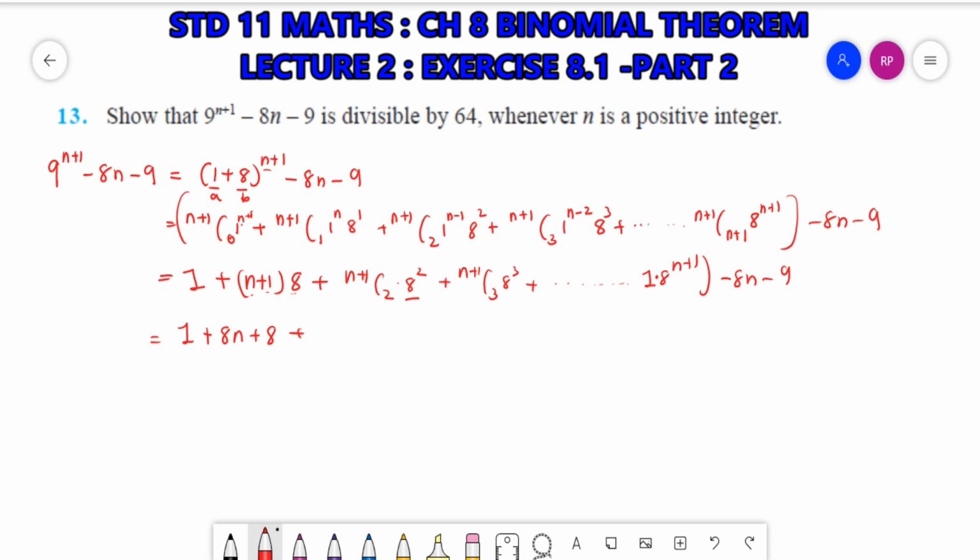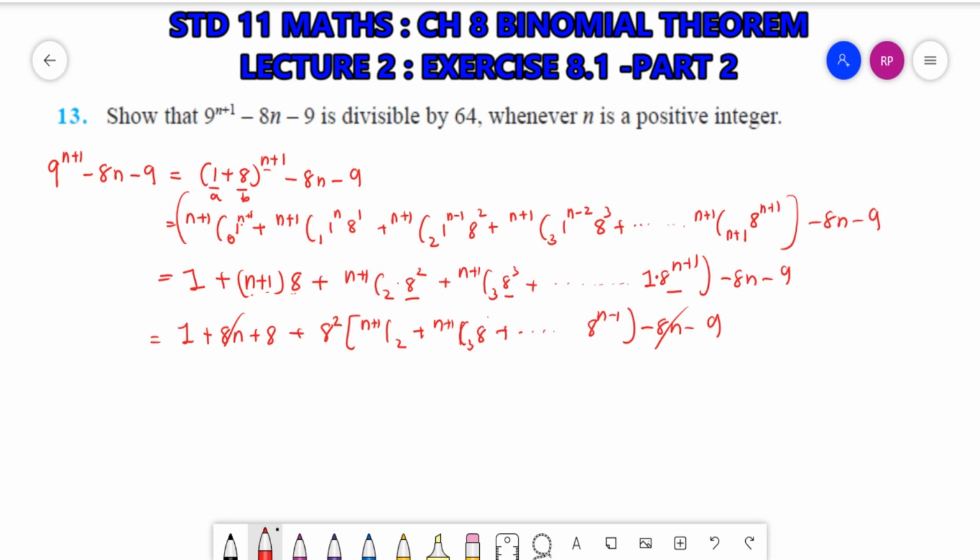Now see, 8 square, 8 cube. Okay, the power is always greater than 2 as we move forward. So what I can do, I can take 8 square common here. So here it's (n+1)C2 plus (n+1)C3 8, up to 1 into 8 raised to n minus 1, minus 8n minus 9. So minus 8n and plus 8n get cancelled.